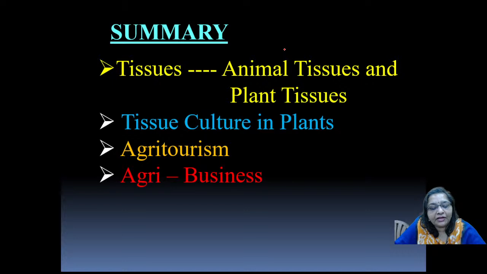For this chapter, we had 4 live sessions on YouTube, and we learnt about animal tissues as well as plant tissues in brief, and tissue culture in plants was briefed to you. Today we completed this chapter by knowing about agritourism and various agro-complementary businesses, which are simply termed agribusiness.